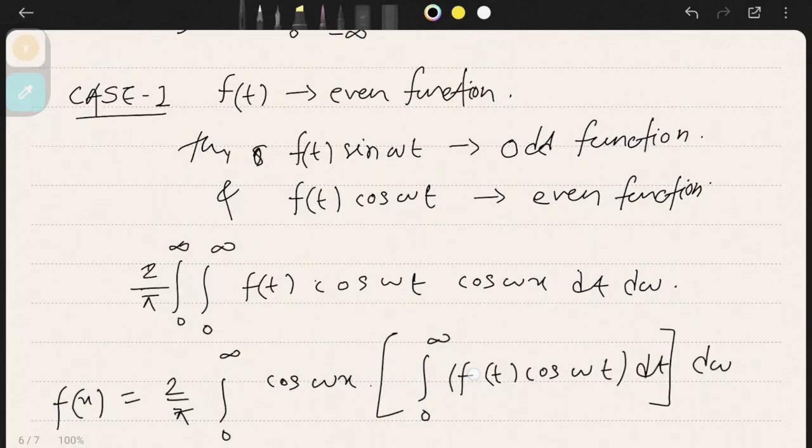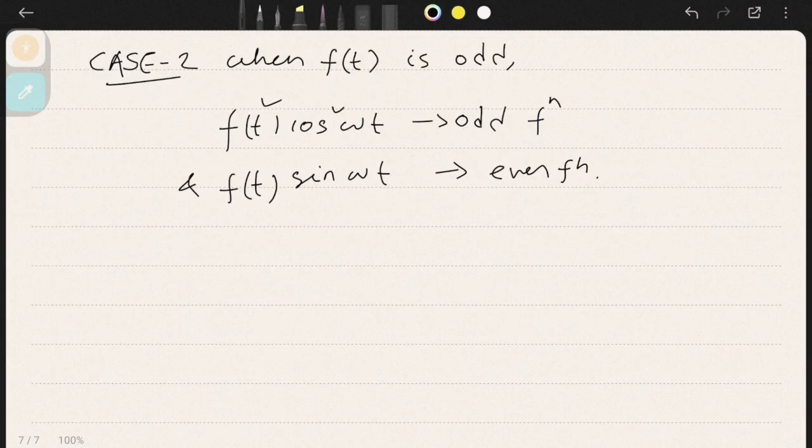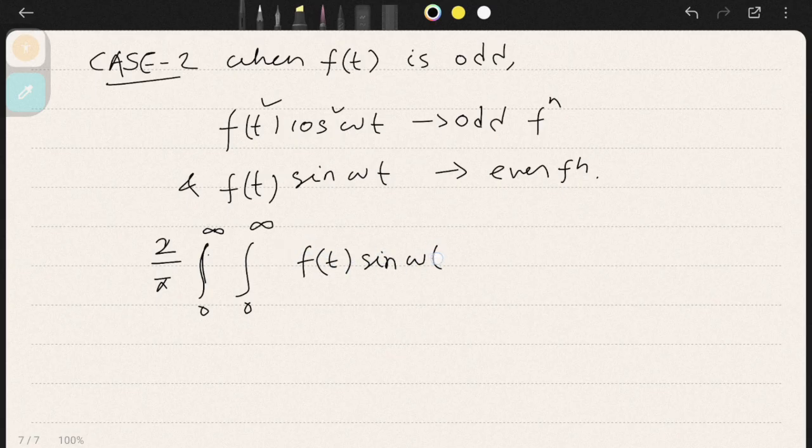The second term we can write as 2 by pi, integral 0 to infinity, integral 0 to infinity of f(t) sin omega t sin omega x dt d omega.